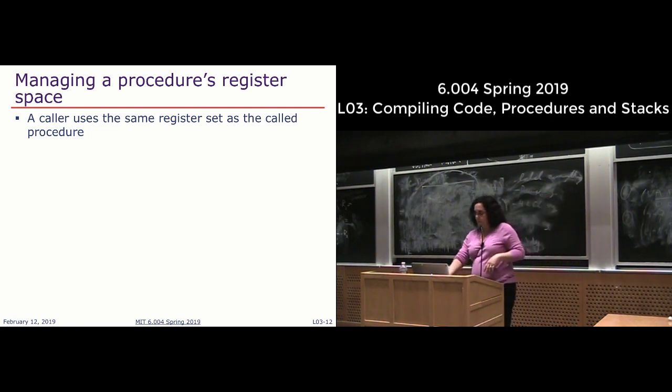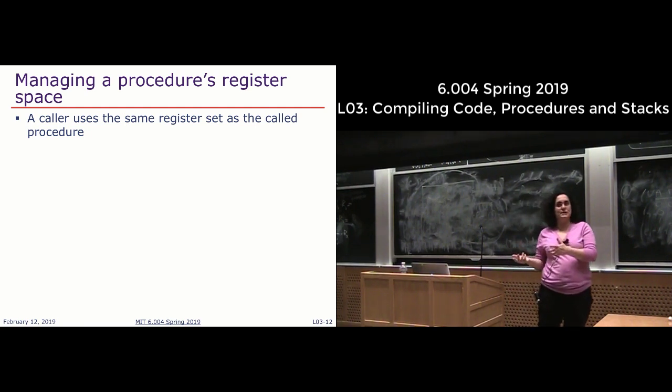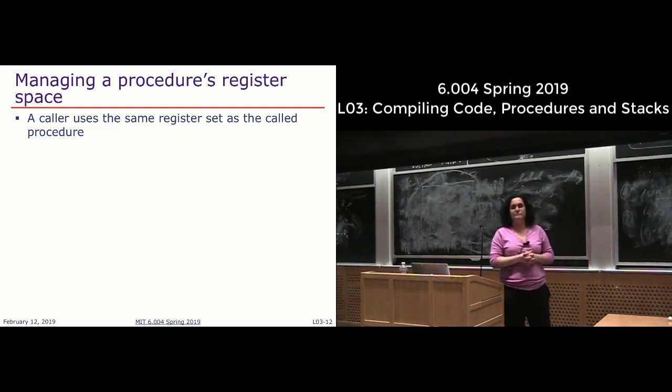And so the way that we're going to do that is we're going to use, let's say, some register. And I have this problem, which is that I don't have a different set of registers for my procedure than I have for my main program, right?